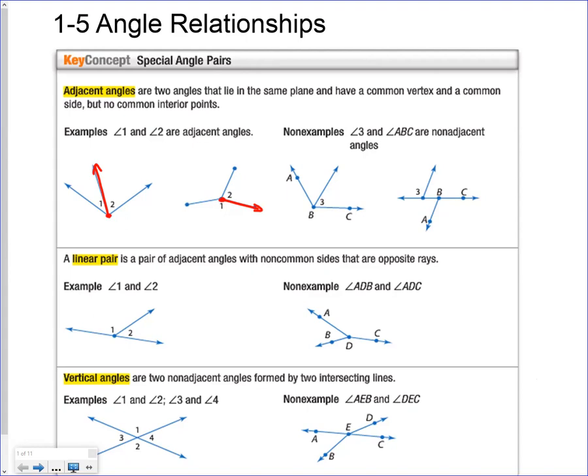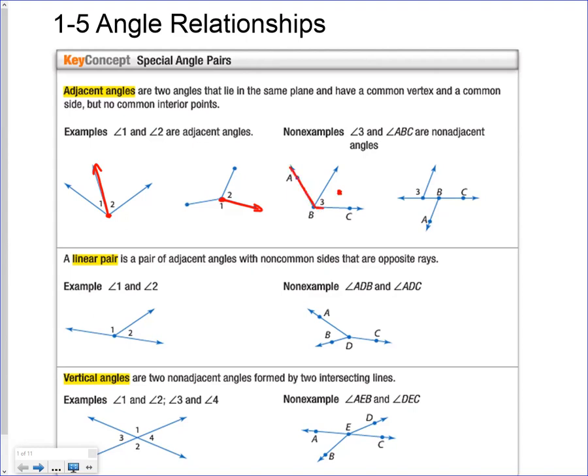They do have a common vertex, and they do share a common side, but there is a way to be in angle 3 and ABC at the same time, making them non-adjacent. Right here, this point is inside angle 3, and it's inside angle ABC.